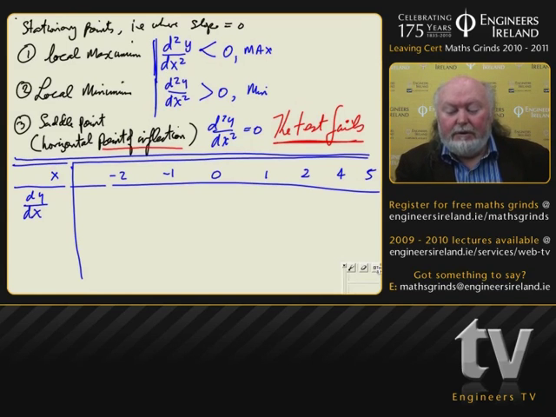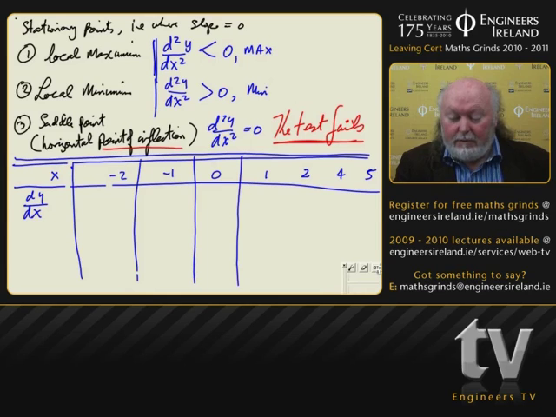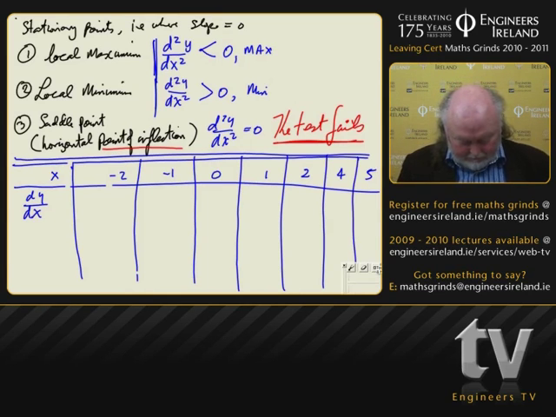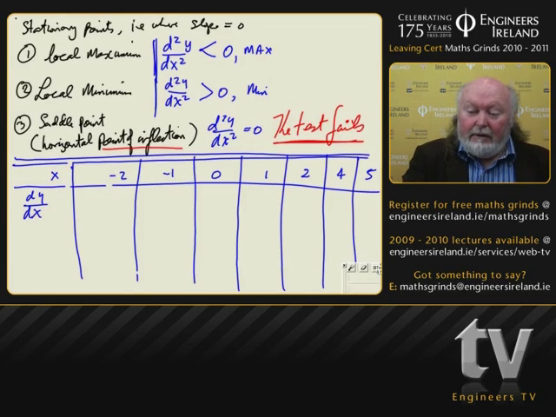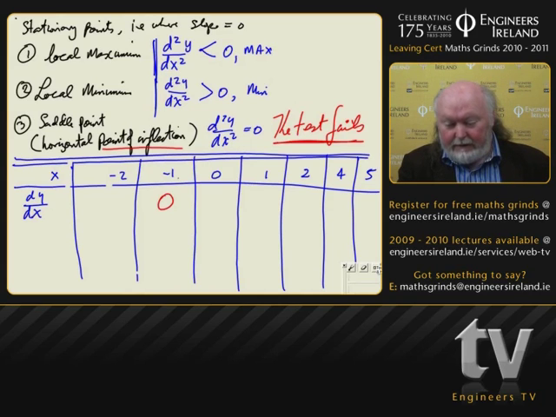For a particular function, we will have got certain results. We'd have gotten a 0 when x was minus 1. We'd have gotten a 0 in this function when x was 1, and another 0 when x was 4.